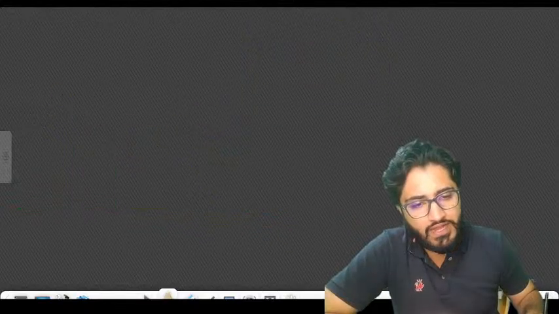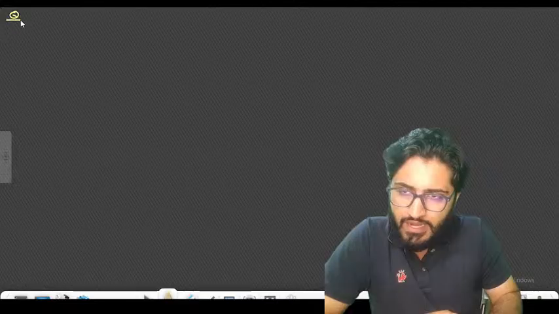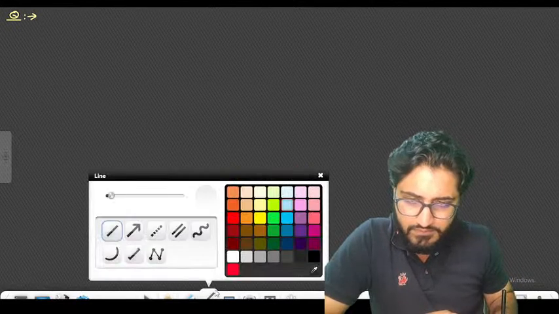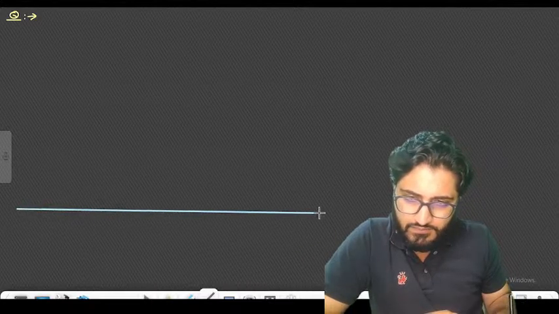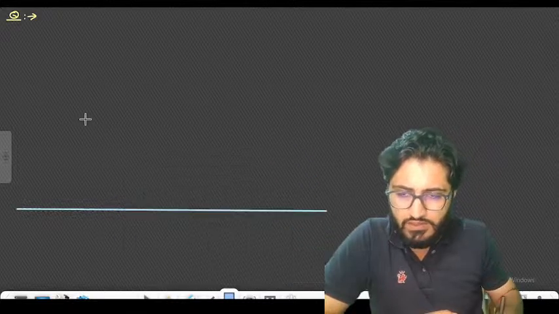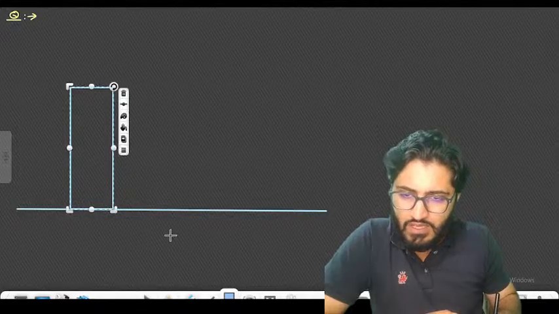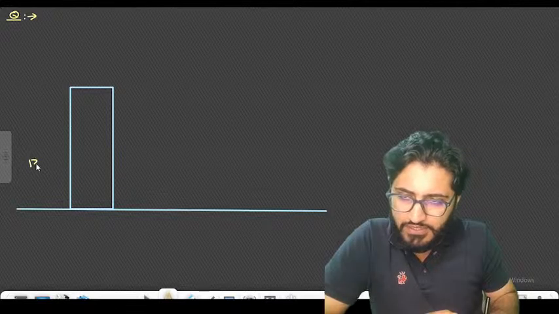Look, we are having a simple numerical. Numerical is, we are having a building. Look, this is my building, and what is given to us? The building height is 120 meter.